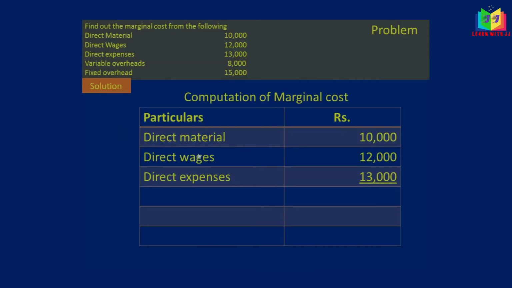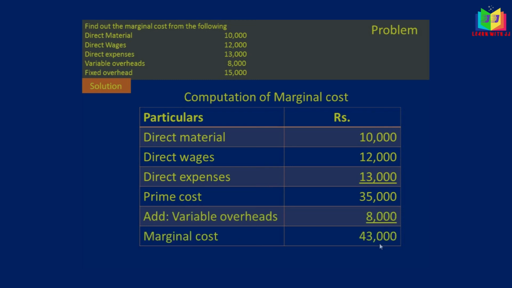So for calculating this marginal cost, we have to add all these three plus this variable overhead. If we add these three, we'll get the prime cost. So prime cost is the variable cost, plus the variable overhead of 8,000 we have to add, and we'll get the marginal cost. Marginal cost is nothing but the variable cost.